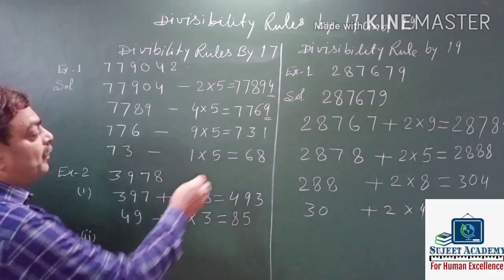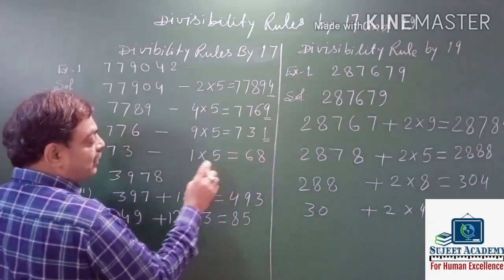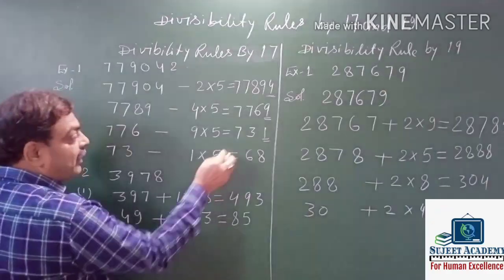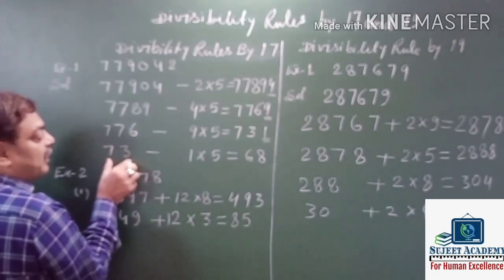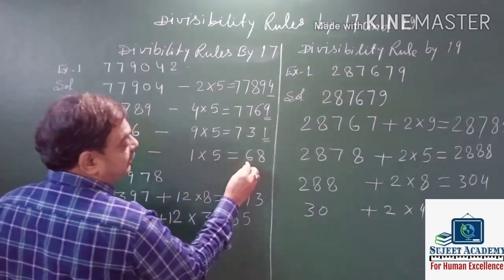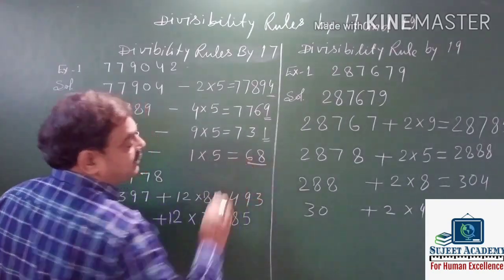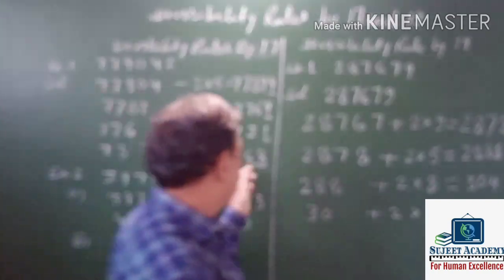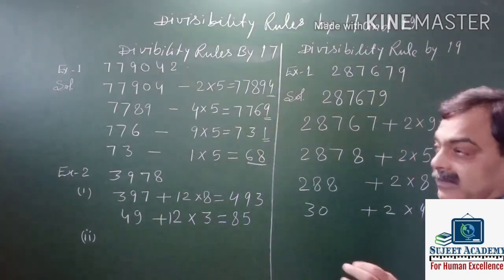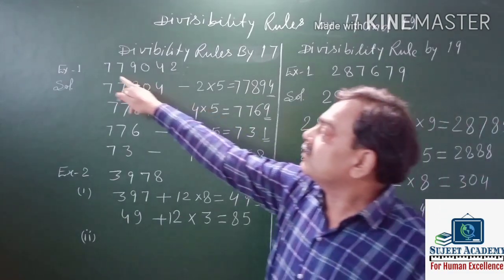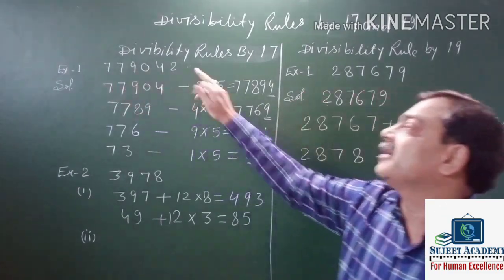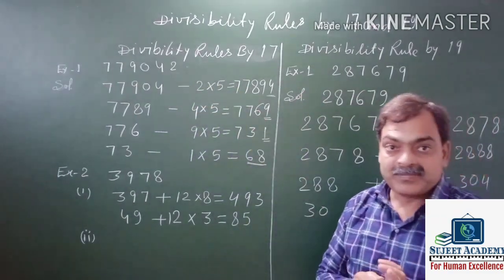In the next step, 1 is the unit place value multiplied by 5 and 73 is the remaining part. You subtract it and get 68. This 68 is divisible by 17. It means this big number is also divisible by 17.